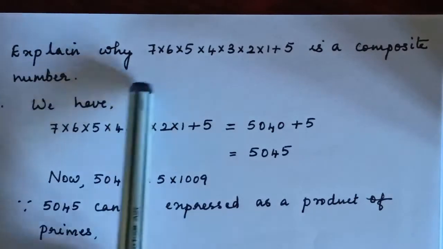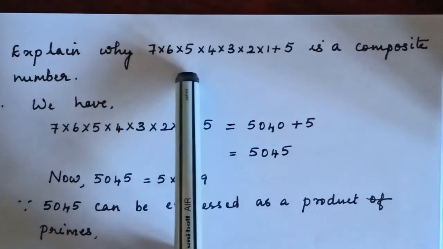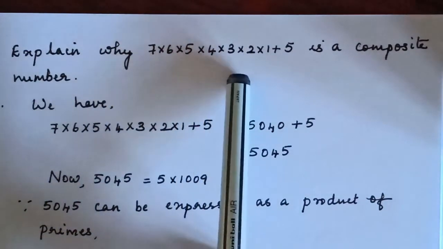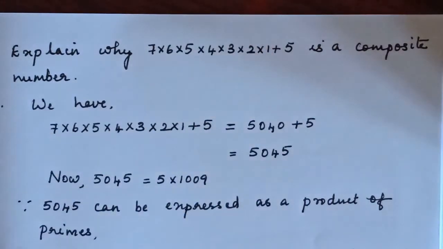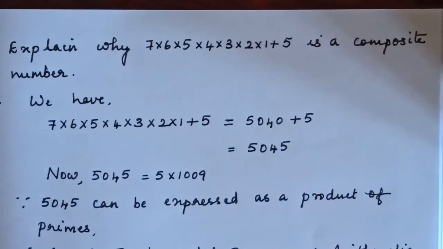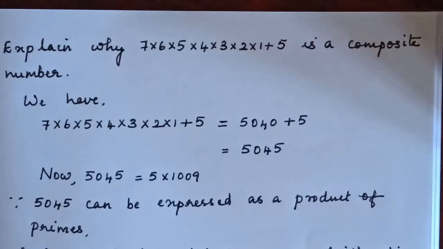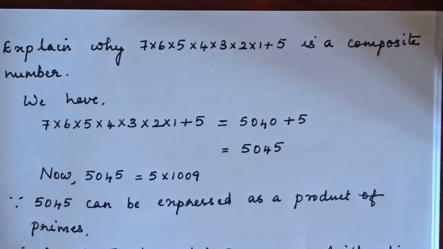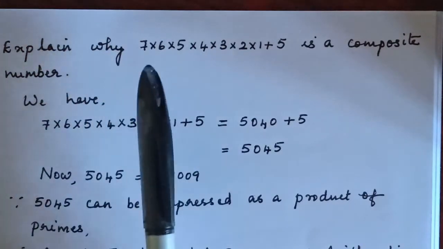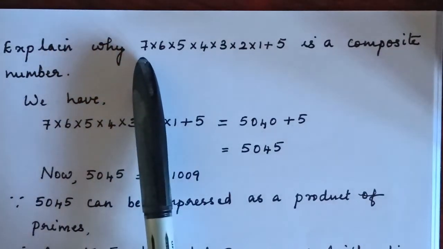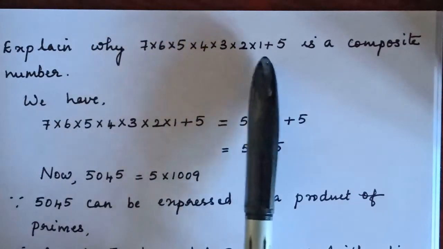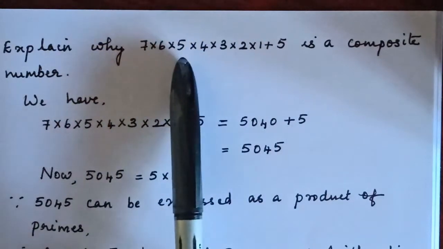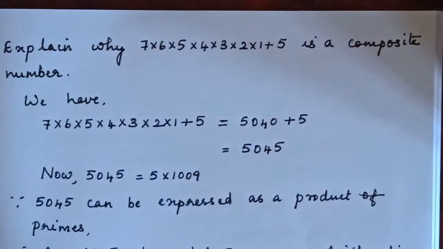Here we have another question. Explain why 7 into 6 into 5 into 4 into 3 into 2 into 1 plus 5 is a composite number. It's a very important question. You can see that 5 is a common factor over here.